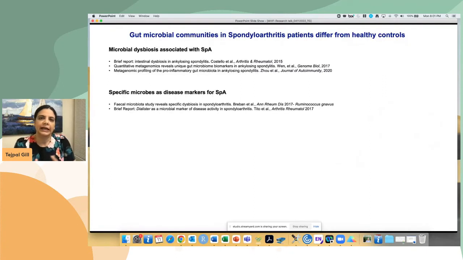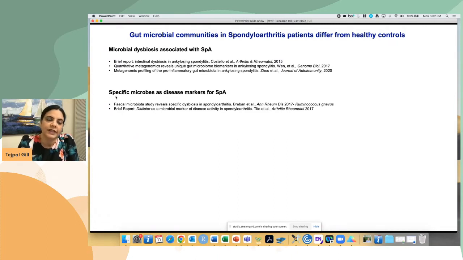With this slide, I just wanted to bring up different flavors of microbial dysbiosis, if you will, that have been associated with spondyloarthritis. We have a general microbial dysbiosis, where studies have reported alterations in the microbial community structure or the alpha diversity.